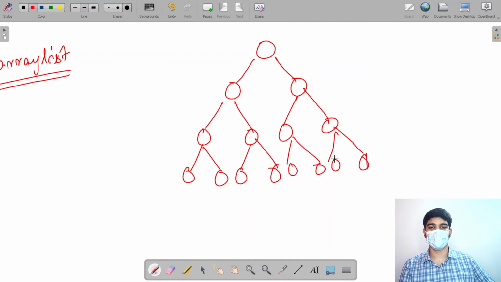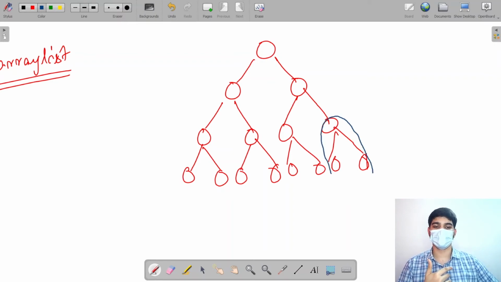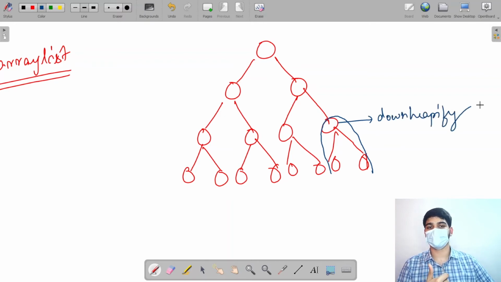So what I can do is tell my last subtree over here to call for down heapify. From the blue line, I'm marking all the calls of down heapify, right? So I would tell this one to call for down heapify. This would turn this into a proper heap, right?